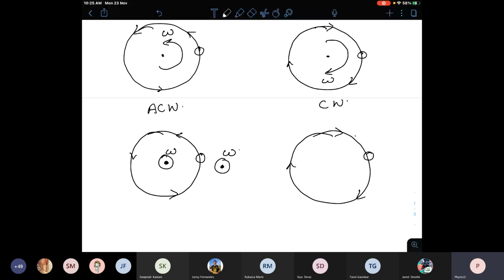That means the direction of omega will be a cross. It can be represented either at the center or just beside the motion. Anywhere you write it, it is a vector and will be understandable. So these are the two ways of representing angular velocity.